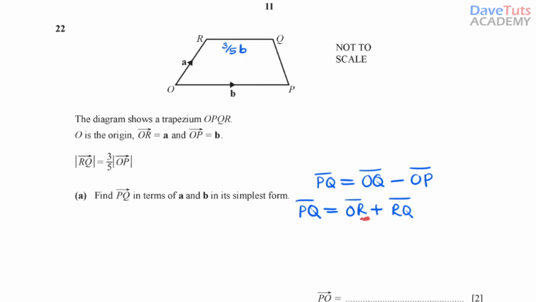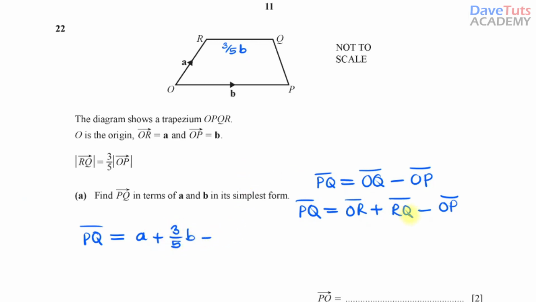Just note that you can use that as a guide in solving this. Then minus OP. I think now we have all the parameters that we need, so to solve for PQ we are going to have OR, which is A, plus RQ, which is 3 over 5B.